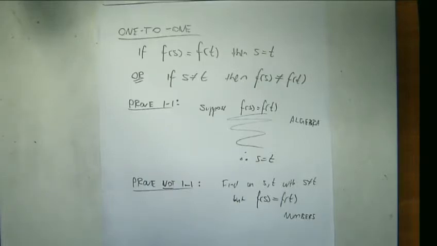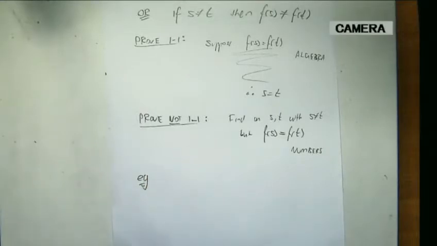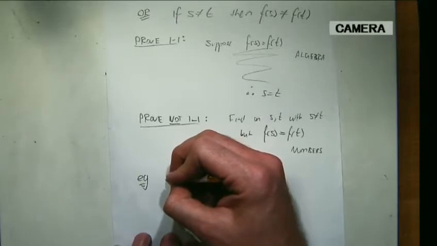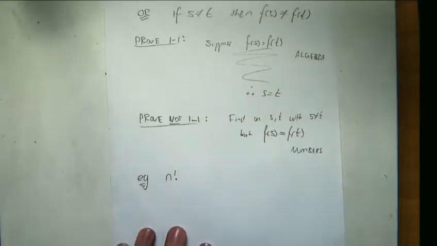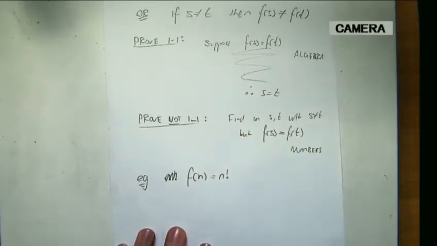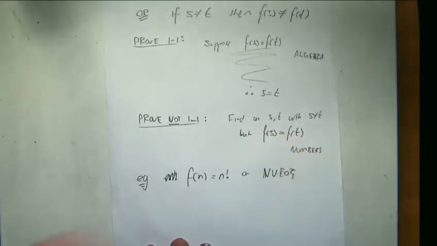So as an example, all right. N factorial, all right, as a function, okay, so f of n equals n factorial, on the natural numbers including 0.